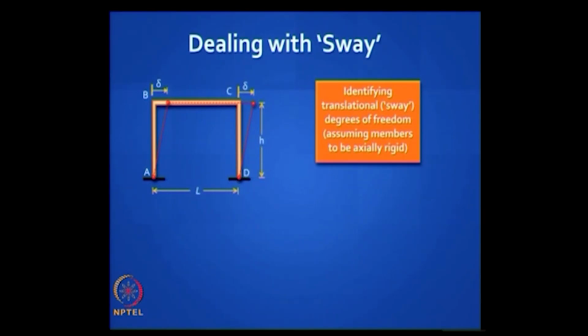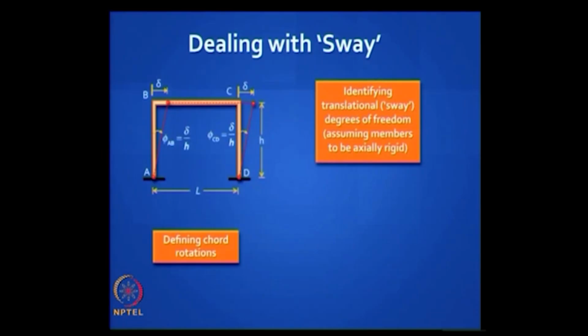So you have 3 constraints because 3 lengths remain unchanged: the length of AB, BC and CD. So that is a clever way of figuring out how many independent sway degrees of freedom you have. 4 potential translational degrees of freedom, 3 constraining equations because of the lengths, 4 minus 3 is equal to 1, got it? And you can choose any one, in this case delta.